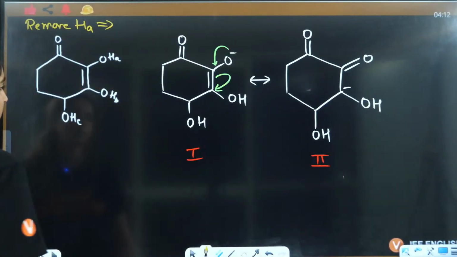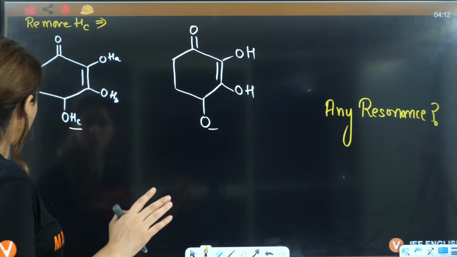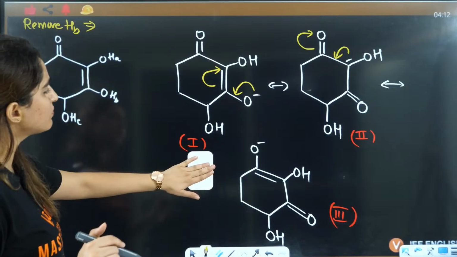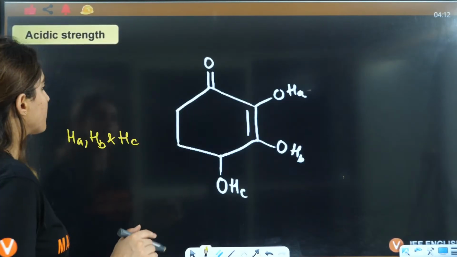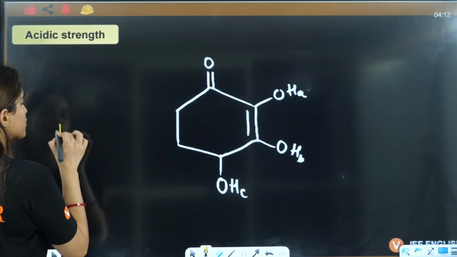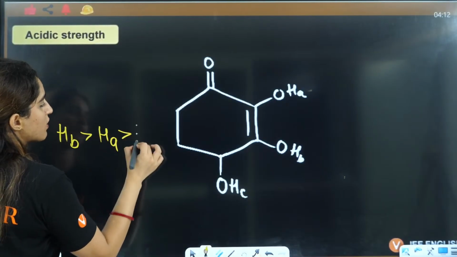Now if you see, this one is giving you no resonating structure, and HB is giving you the maximum resonating structures, so the answer will be HB, then you had HA, and the last one was HC.